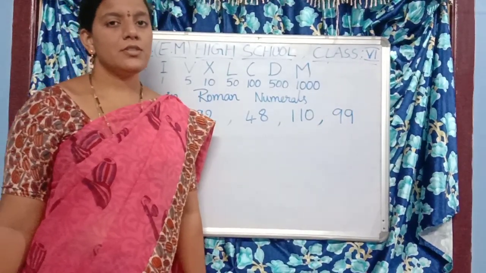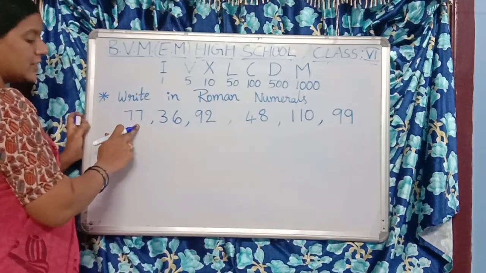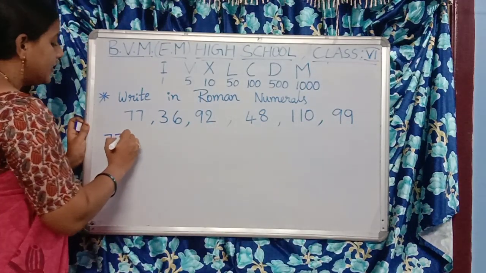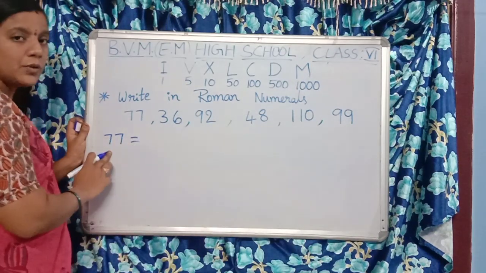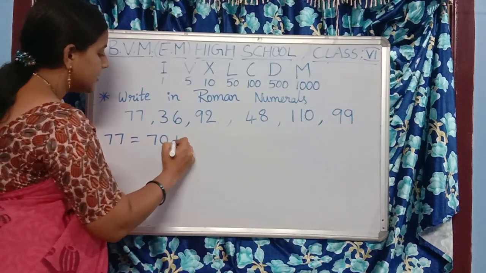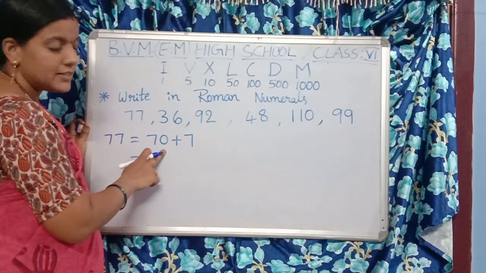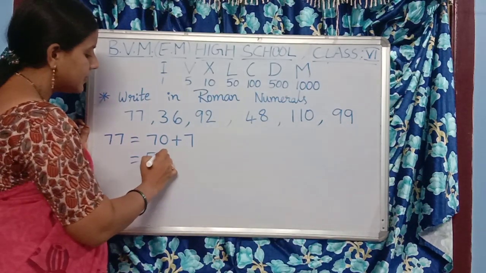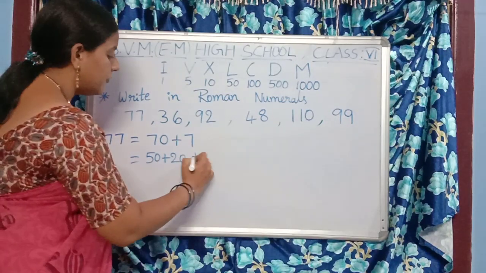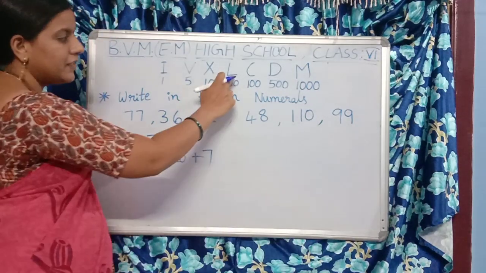Children, let us do some problems based on the Roman numerals. First one, 77. We have to write 77 like this: 70 plus 7. Look here, 70 means 50 plus 20. What is the symbol for 50?